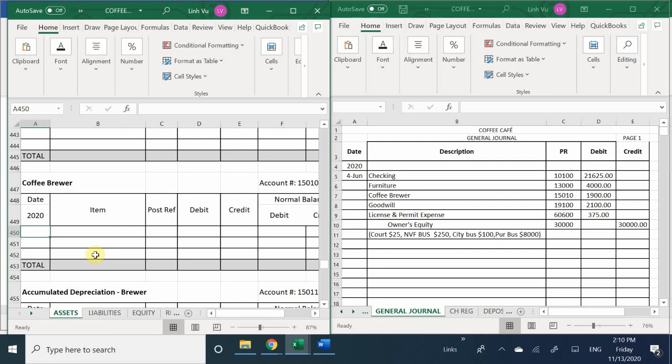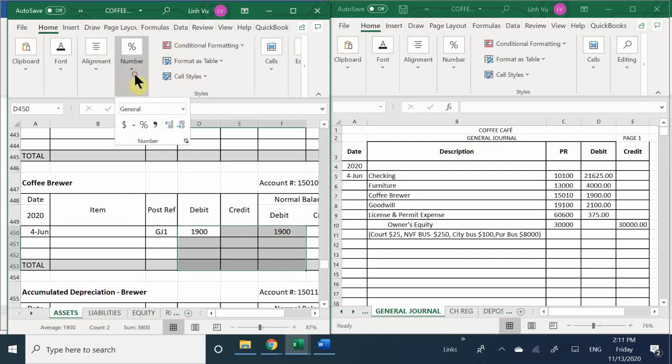In this case, I found my coffee brewer, 624. You don't need to write that you purchased it because it's already obvious. Here, post-reference is going to be general journal number 1, and I debited it for $1,900. Therefore, my only balance is a debit for $1,900.